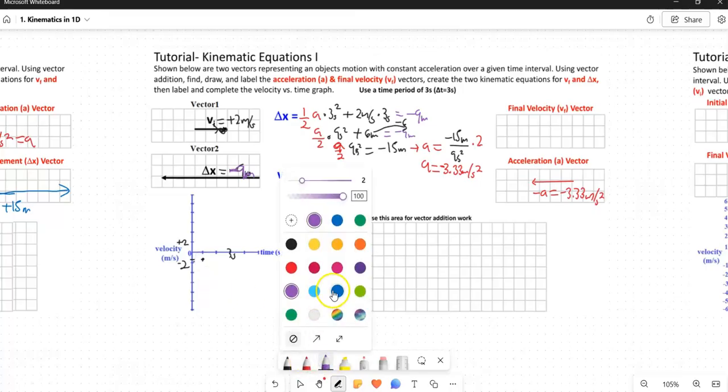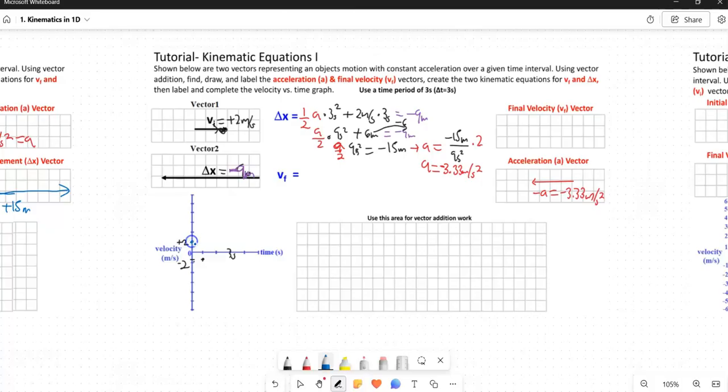So I'm going to use blue. So it starts here at +2. So here in the velocity versus time graph, we got +2 meters per second, and the acceleration is -3.33 meters per second squared times delta t, and plus 2 meters per second.